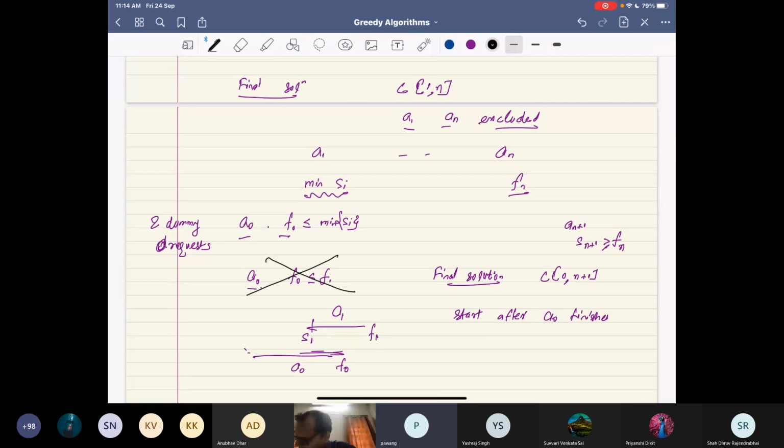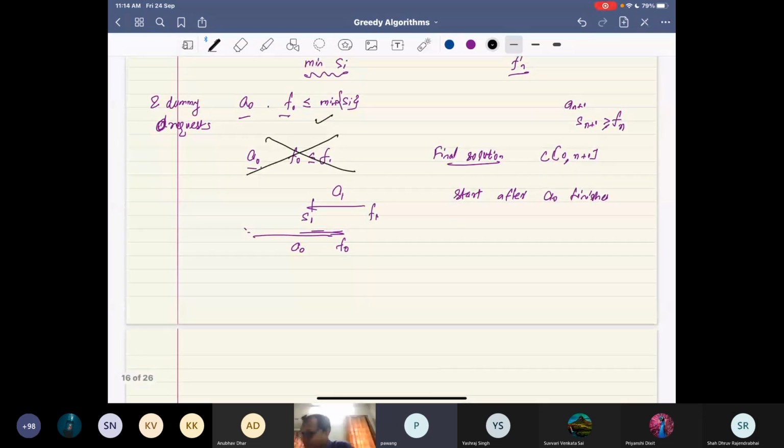So that's why I'm defining F0 is less than or equal to the minimum of Si. So that it will finish before everything starts. So this is not good. So I'll do somewhere here, F0, and I know all other Si are larger than F0. That way this final solution will be valid, and this will not interfere. And the same happens with An plus 1. Activities start after A0 finishes and finish before An plus 1 starts.